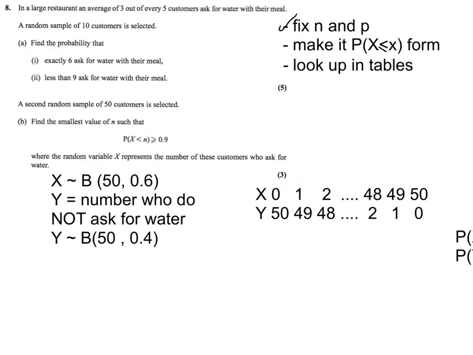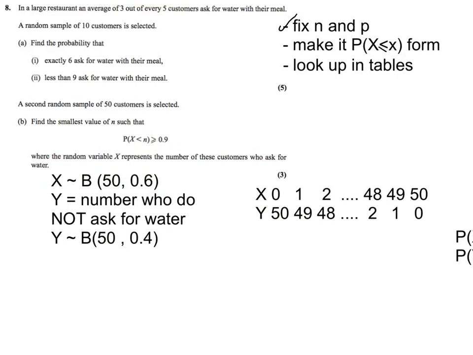If one person asks for water, then 49 people do not ask for water. If 2 people ask for water, 48 people do not ask for water, and all the way up to 50 people asking for water would mean 0 people do not ask for water. That is going to be crucial for thinking through what we're going to do next.